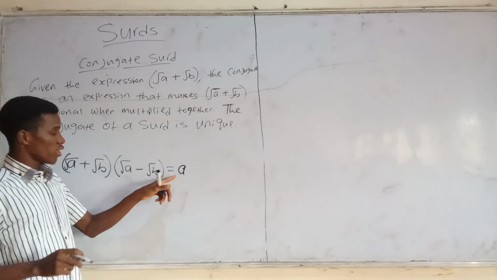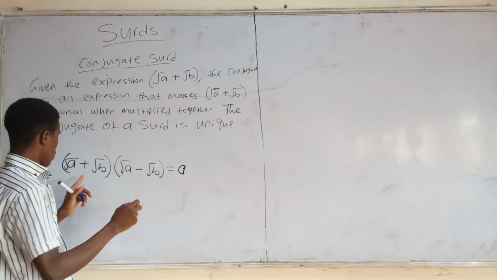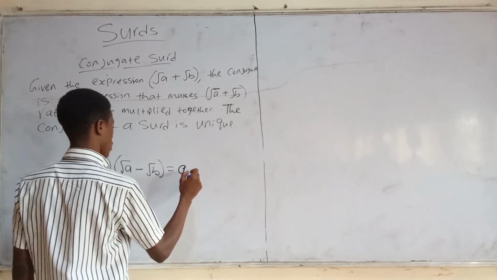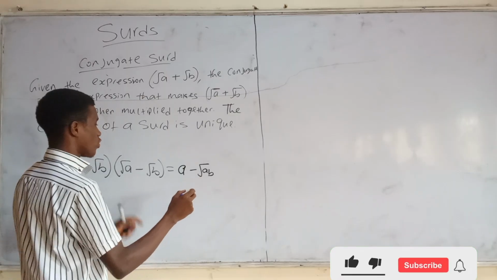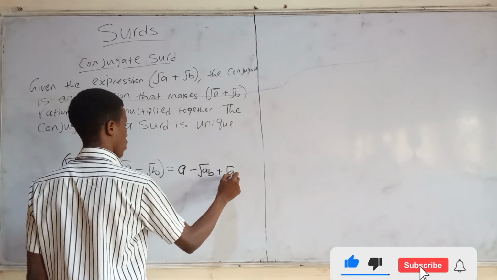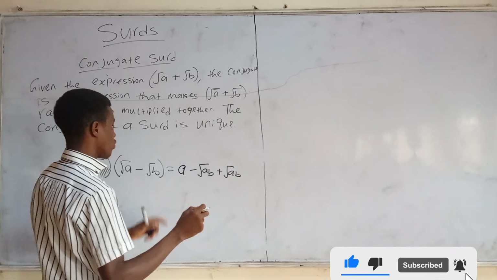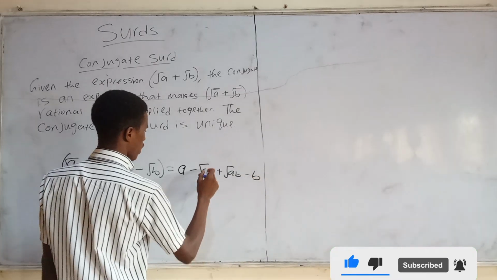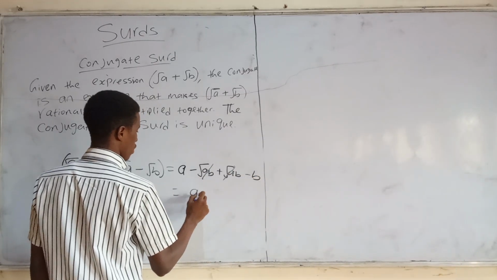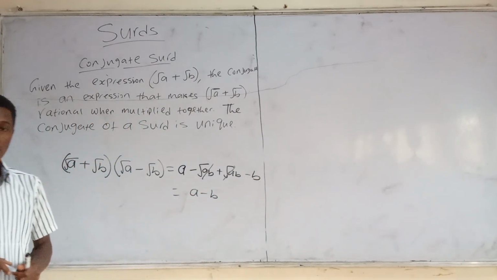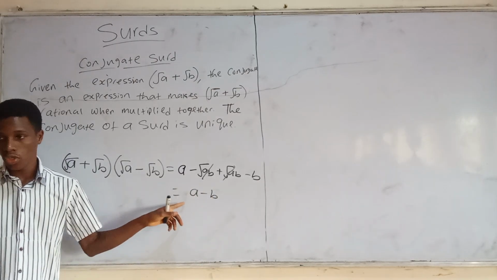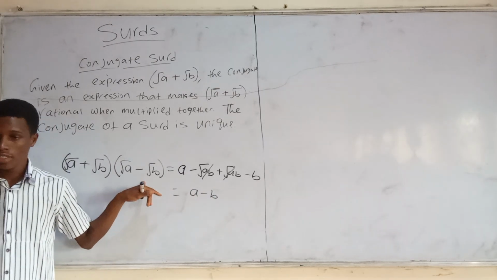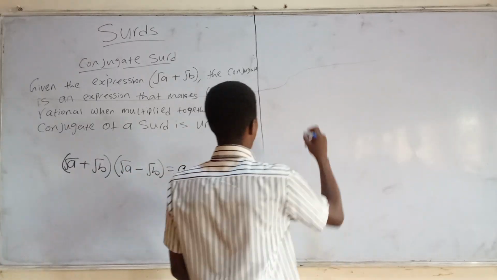This times this will give us A, right? This times this will give us what? This times this will give us what? Then this times this will give us what? So that this will take away this, so we are left with what? A minus B. So that number that will multiply this to give us something rational is what we call the conjugate. Is that clear?